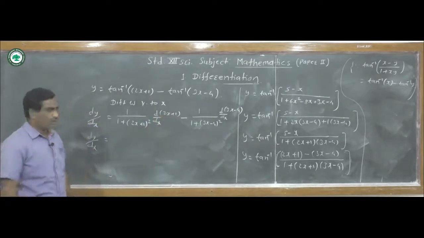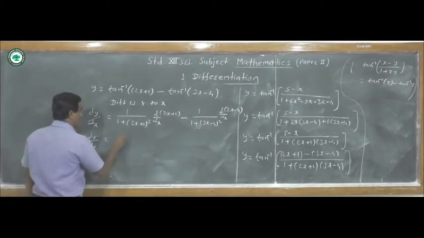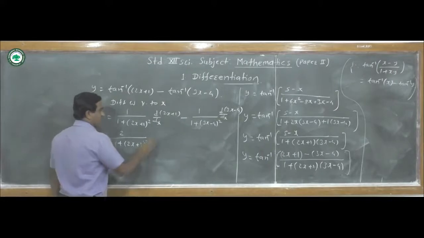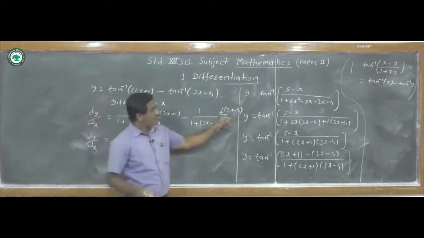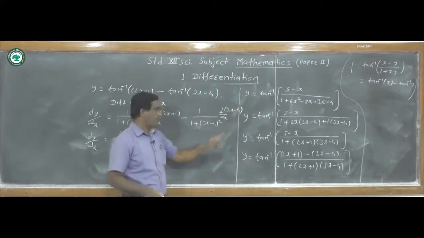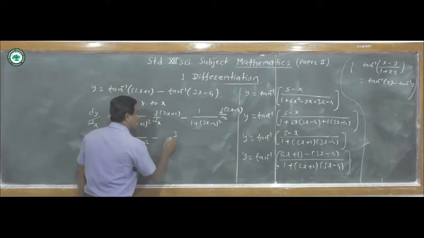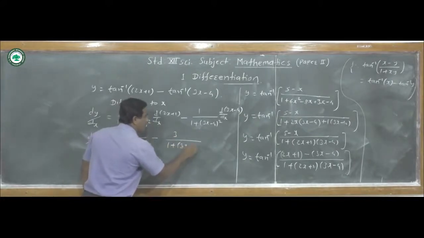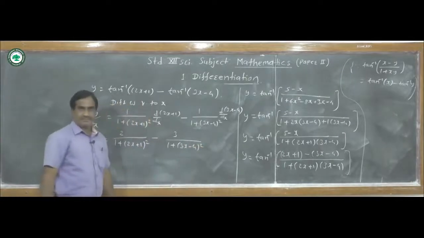Okay, that is dy by dx is equal to, here derivative of 2x plus 1 is 2, so 2 upon 1 plus (2x plus 1) bracket square as it is, minus derivative of 3x minus 4. Derivative of 3x is 3, minus derivative of 4 is 0. Therefore, we can write here 3 upon this term as it is, 1 plus (3x minus 4) bracket square.